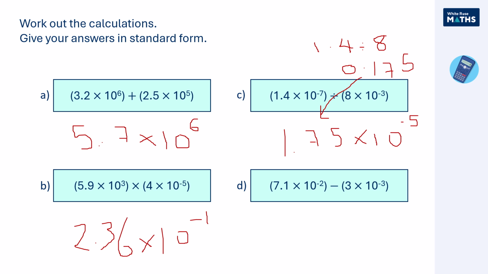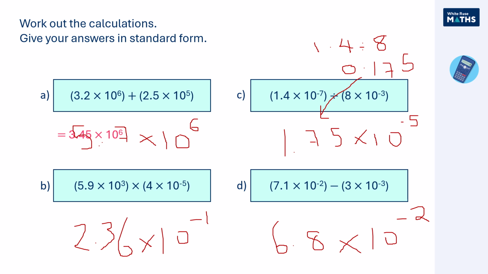There we go. So it's going to be 6.8 times 10 to the minus 2.